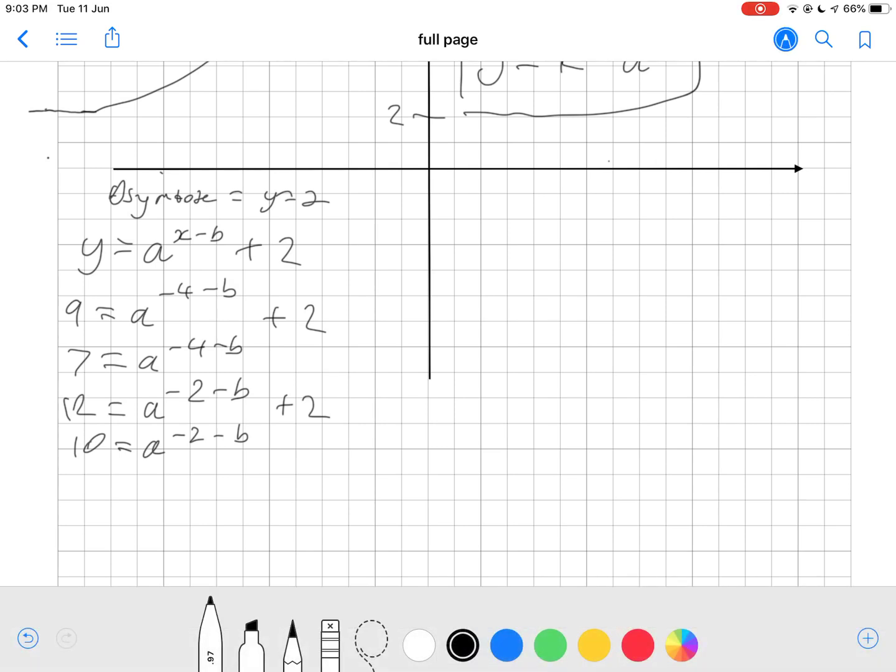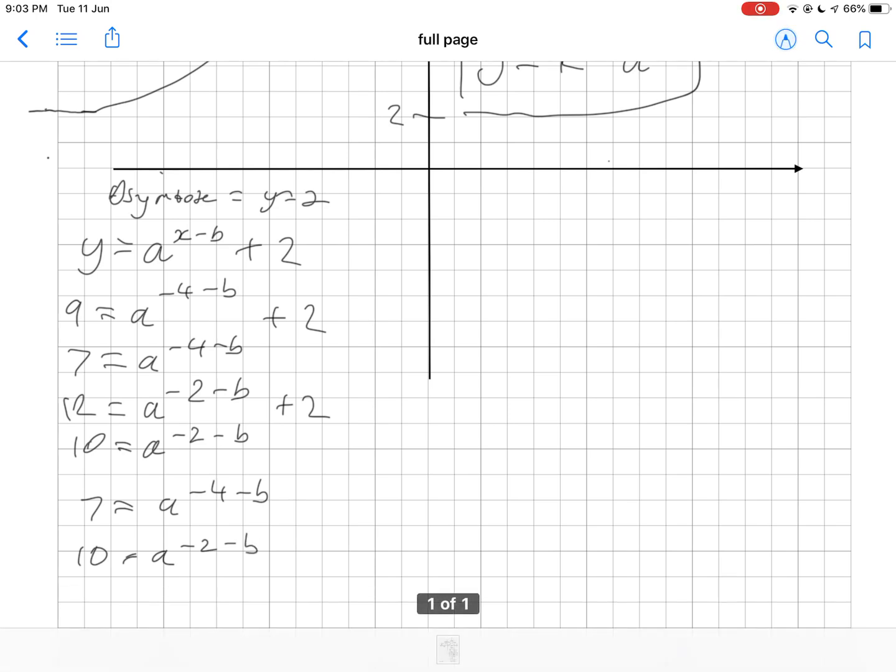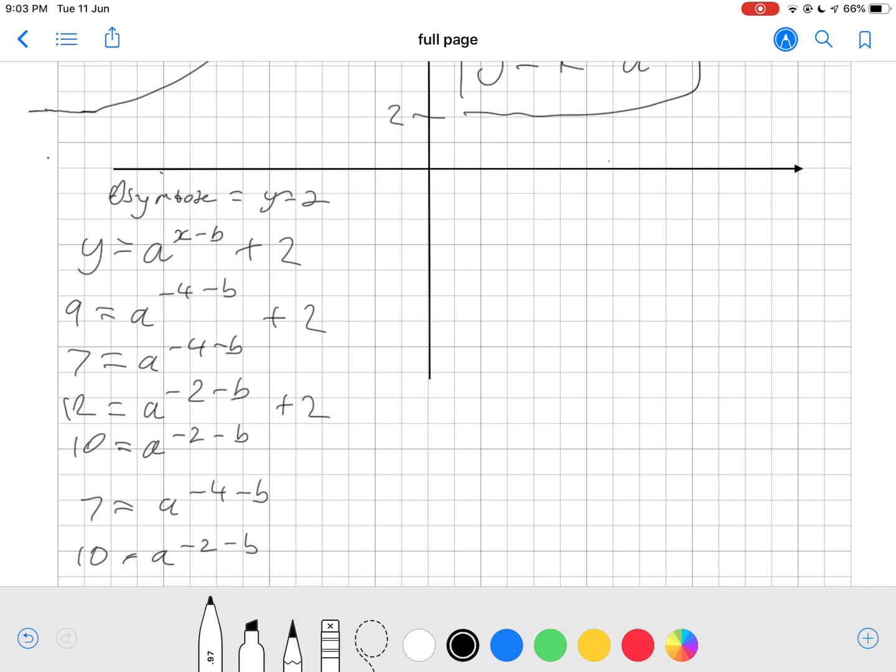Okay, so we have one equation, 7 equals a to the power of negative 4 minus b, and we also have 10 equals a to the power of negative 2 minus b. So you know in algebra, you take the logs of both sides. So log of 7 equals, you bring the power down, you log the base, so negative 4 minus b log a, yes?